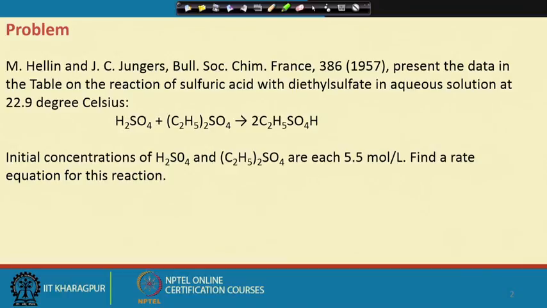The first problem is quoted from Hellin and Jungers, published in 1957.